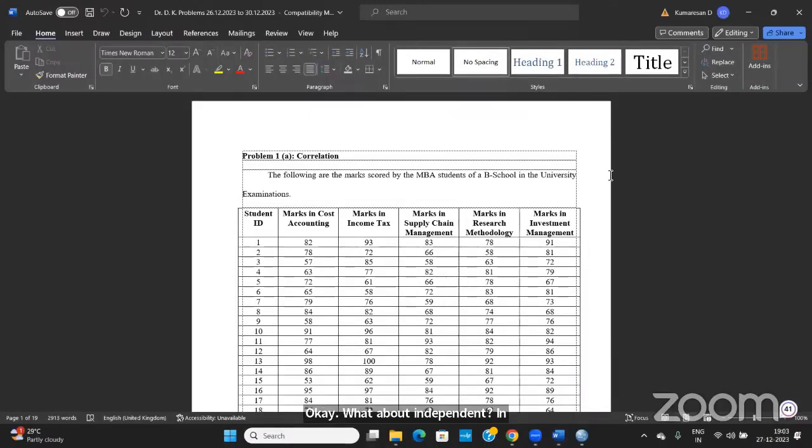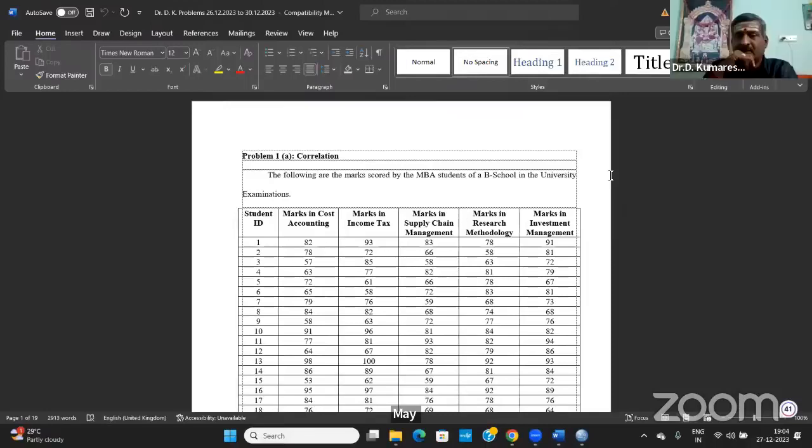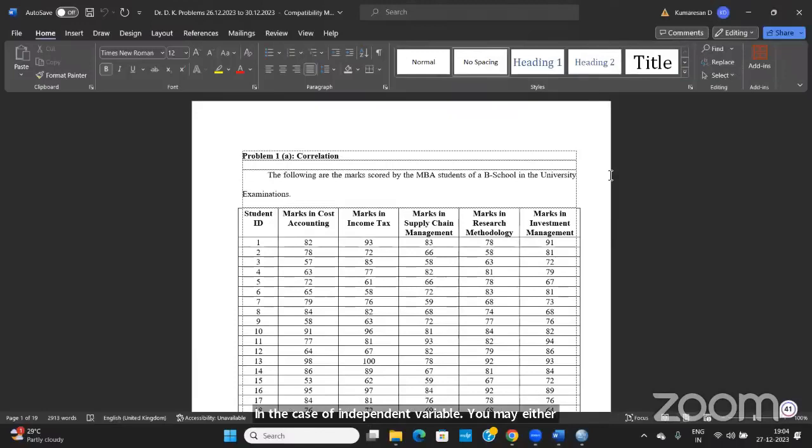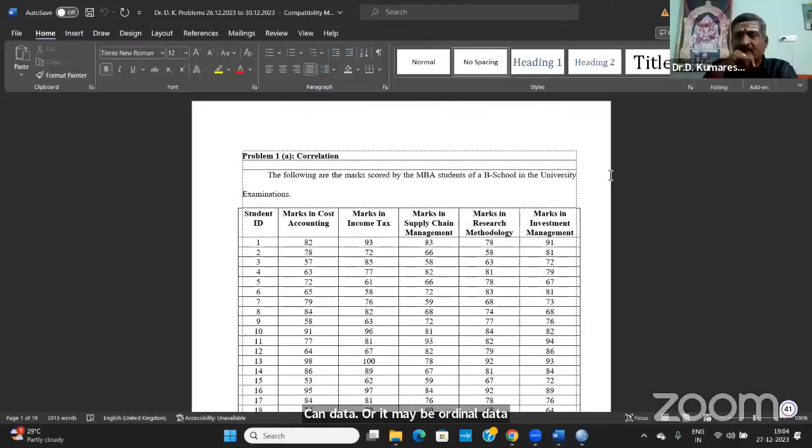Independent variable may or may not be scale data. It may be ordinal data or scale data. In both cases, we can apply regression.